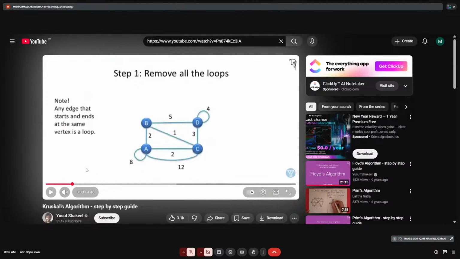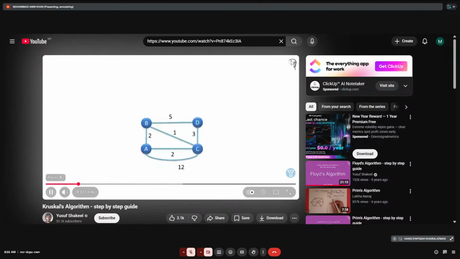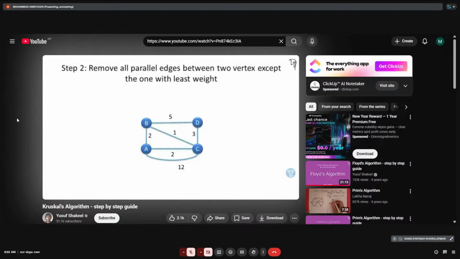We have only 2 loops, at A and D. So we remove them. Step number 1 is remove the loops.